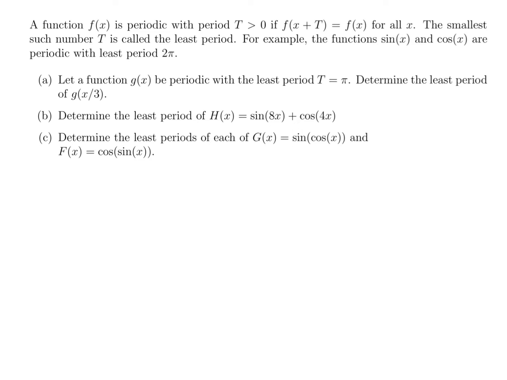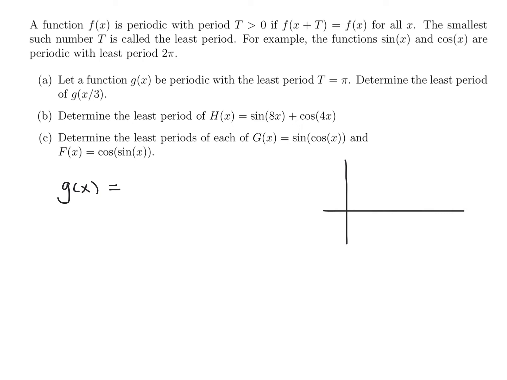All right, well, I will use a graph because I think graphs are helpful. So let's say I have g at x, and it has a period of pi. So, let's draw it first. I like how they gave these examples because it makes me think, well, I'll just stick with sine and cosine.